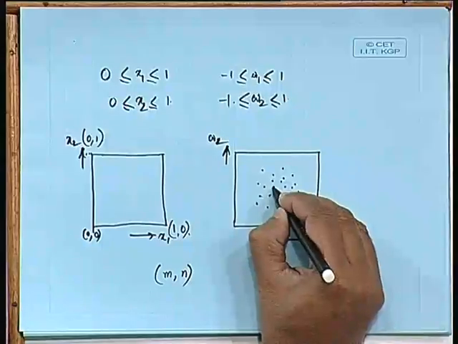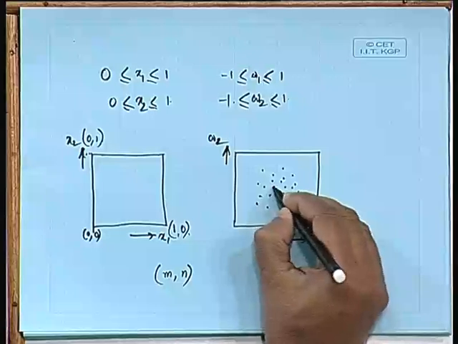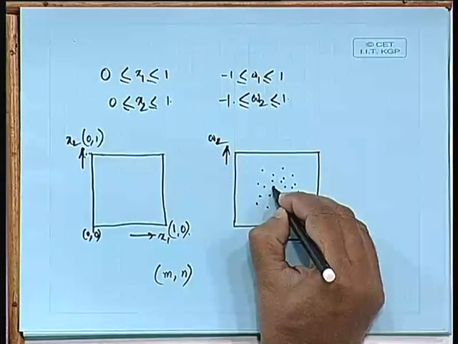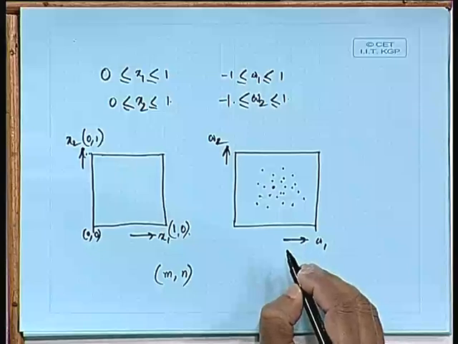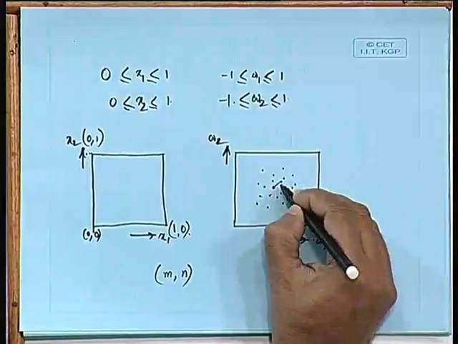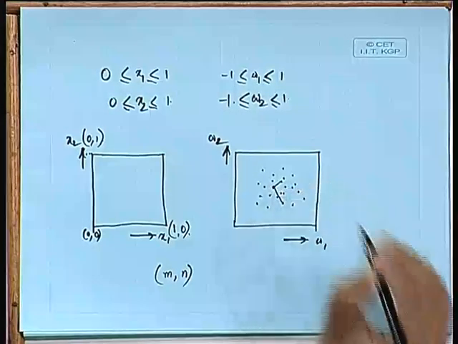So, supposing if this is the neuron having index 0 0, the vector corresponding to that. Now, this is connected to the neuron at 0 1, this is connected to the neuron at 1 0. So, 0 1 supposing is here, and supposing 1 0 is lying here.